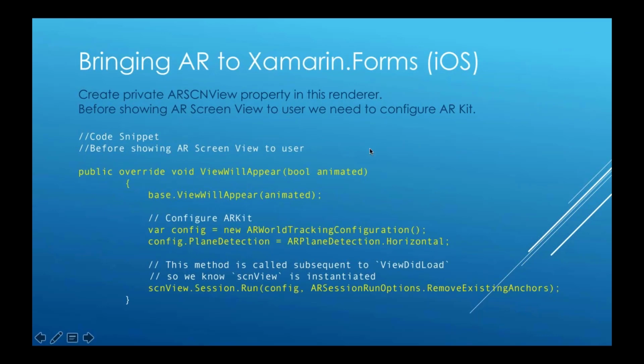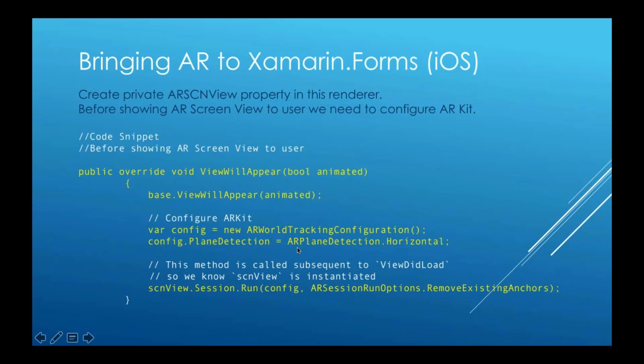And then we create a private ARSCNView property in this renderer. And before showing the AR view to the user, we need to configure ARKit, and that's what's going on here. We talked about this a little bit earlier. Same basic stuff. We're creating our config property, and we're creating a new ARWorldTrackingConfiguration.